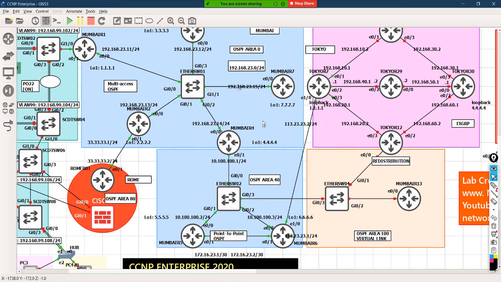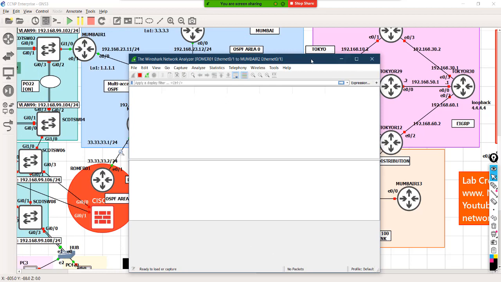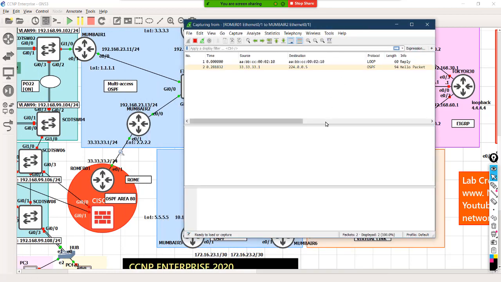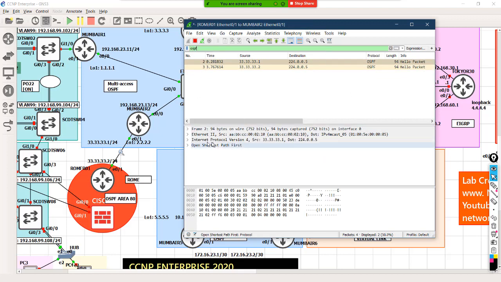Now one last thing before I wind up, I want to show you the Wireshark capture. In the case of a stub area, you will see that external routing would have been suppressed.